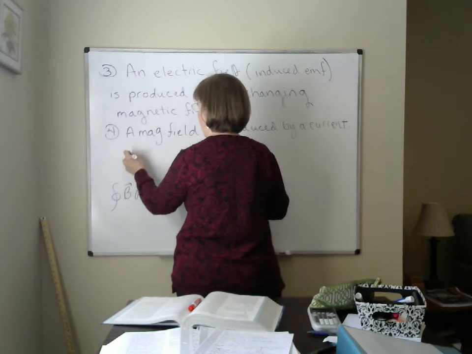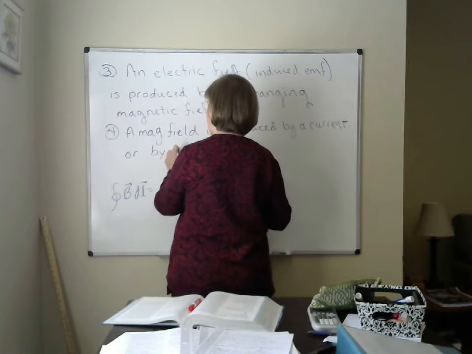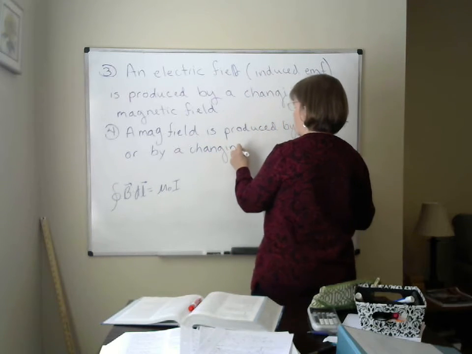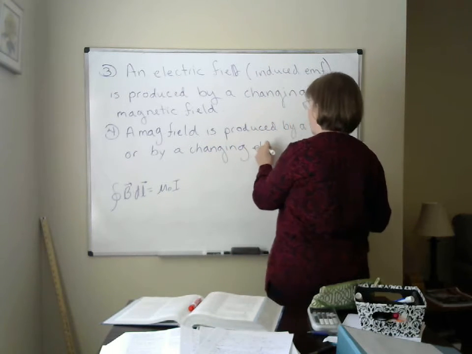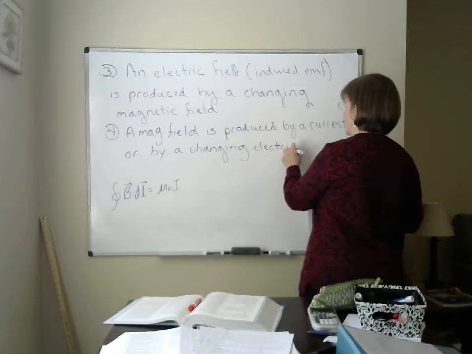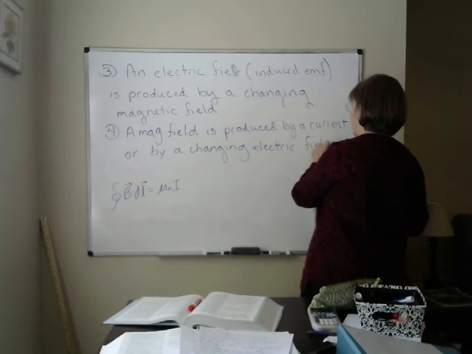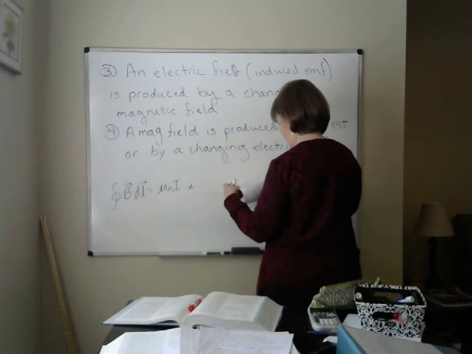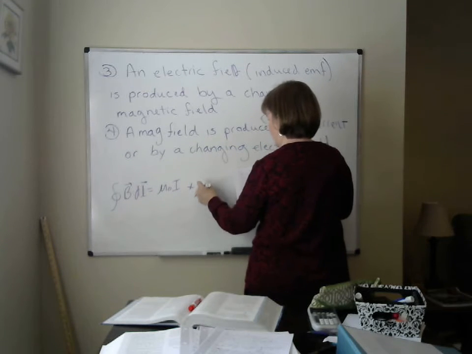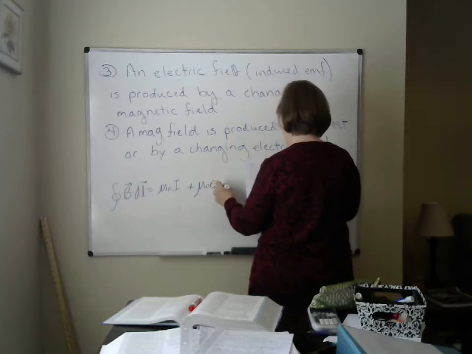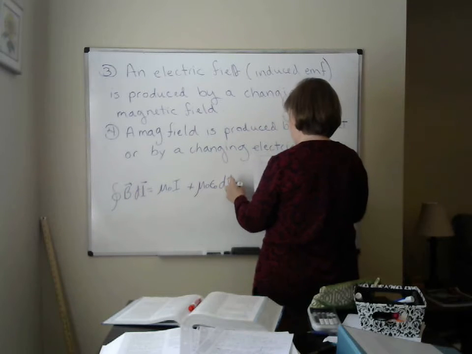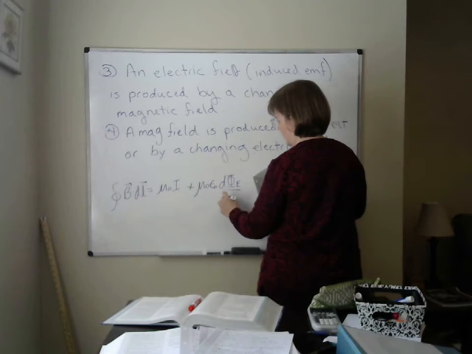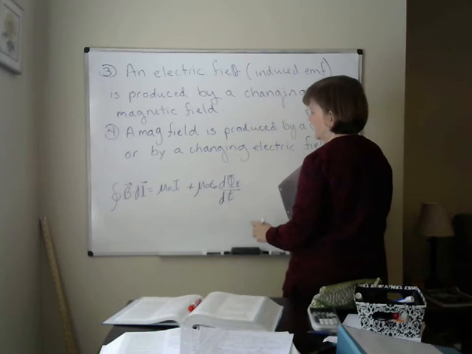Or by a changing electric field. And that's this second term that says mu naught epsilon naught times the rate of change of the electric flux, d phi dt.